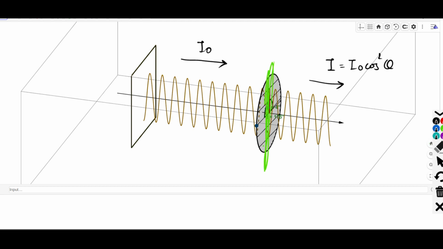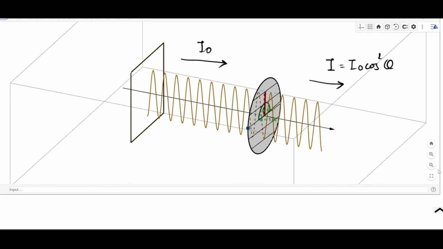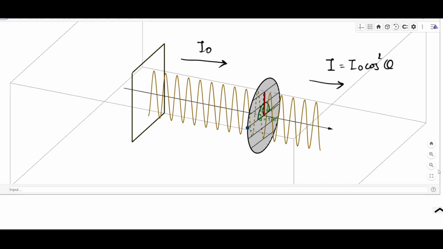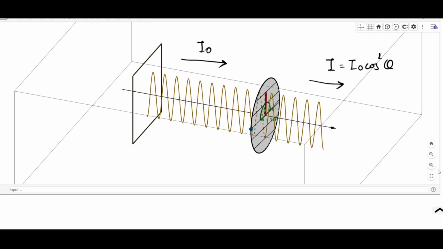And this location is our filter. So right now, I can see that my filter is allowing the wave to pass through it. The wave can pass freely.